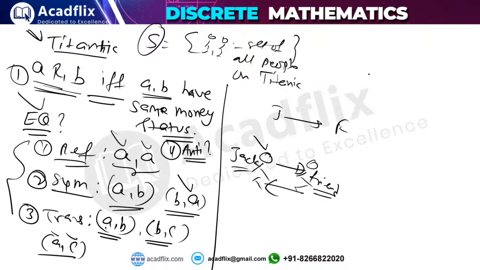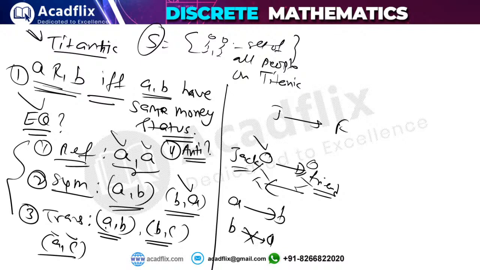What does anti-symmetric say? Anti-symmetric says that between different elements you should not have symmetry. Basically, if a and b are different and a is related to b, then b should not be related to a. Is this clear?